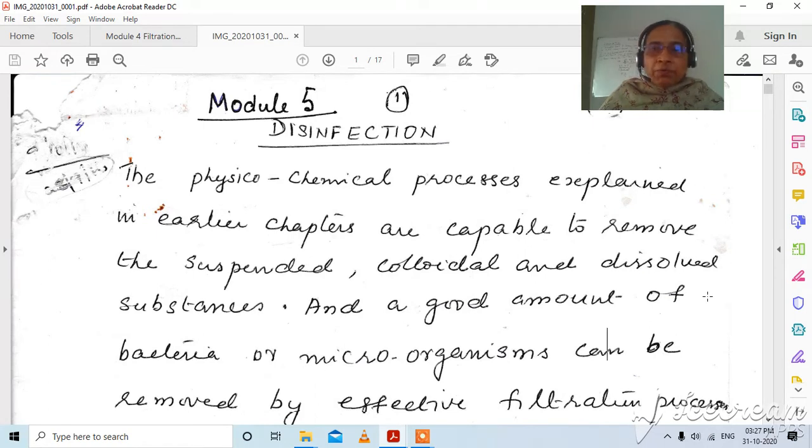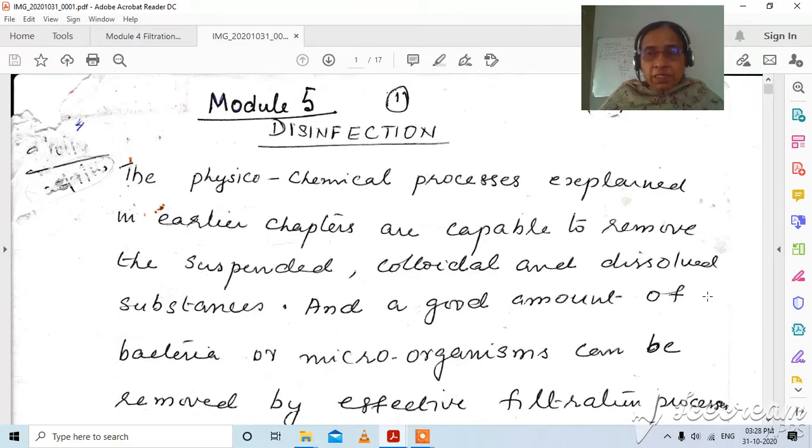impurities. Before you supply the water, you have to remove the biological impurities also, since we learned that the pathogenic bacteria which cause the waterborne diseases are present in our raw water, because our source of water is contaminated by the pathogenic bacteria, that is because of the excreta or because of the solid waste which is getting into our raw water.